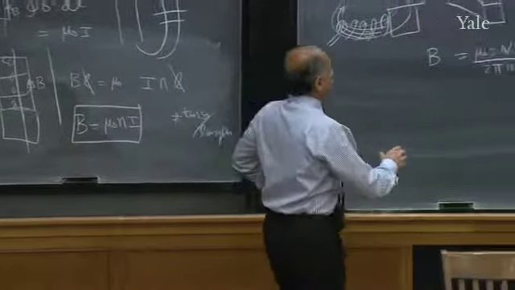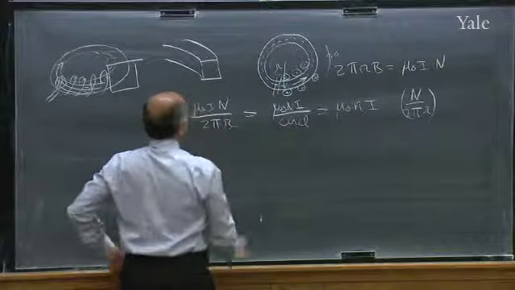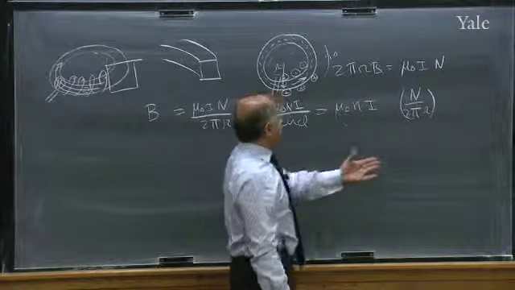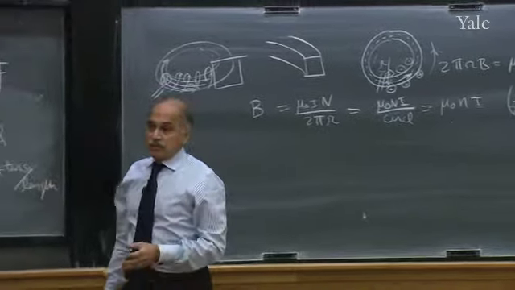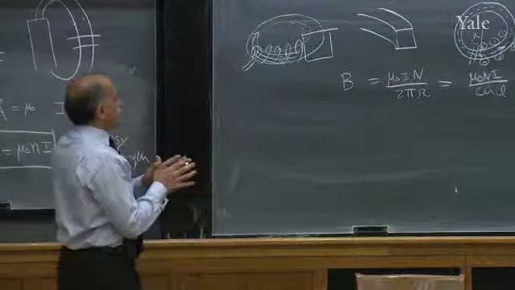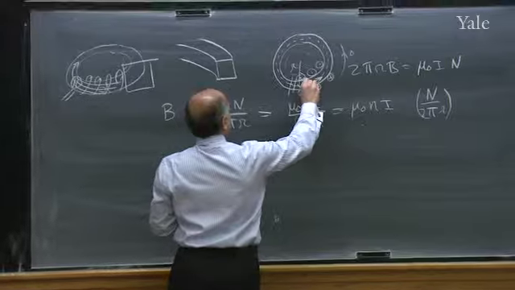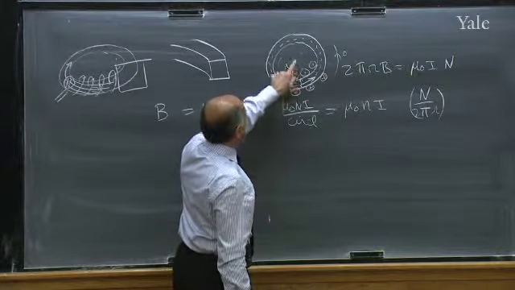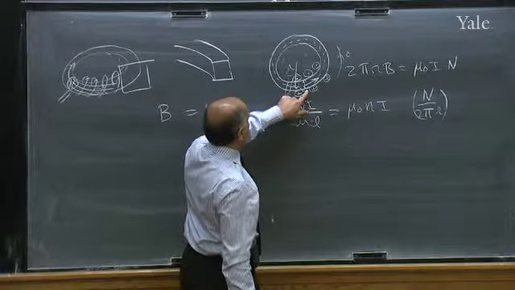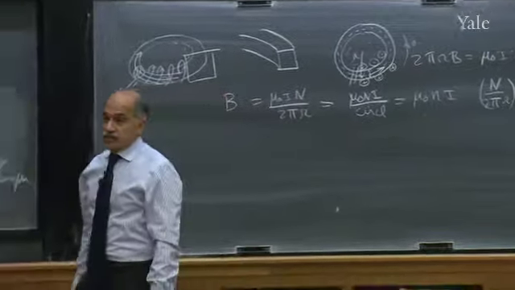In other words, you cut it here and open it into a solenoid, its length will be 2 pi r, and the number of turns per unit length will be big N over 2 pi r. But that's an approximation, because in a real finite system, the magnetic field is not uniform. There's a slight variation from this end to that end. But if this thickness is 2 inches and that radius is 37 miles, that variation is negligible, and it becomes that other easier result.